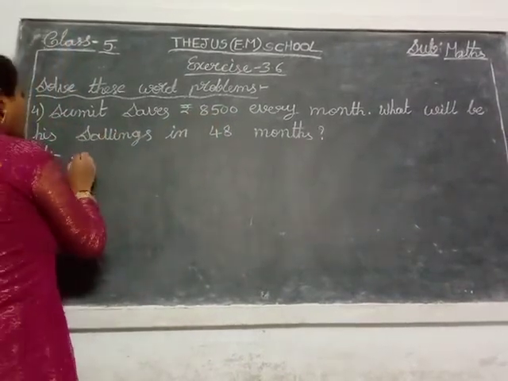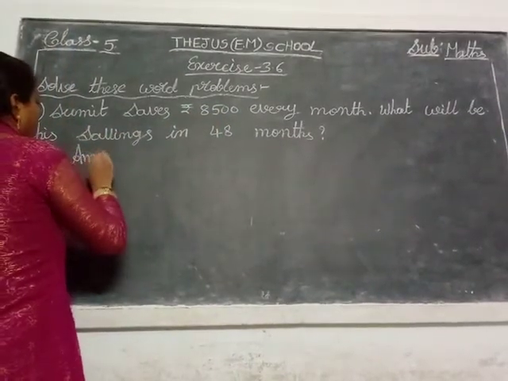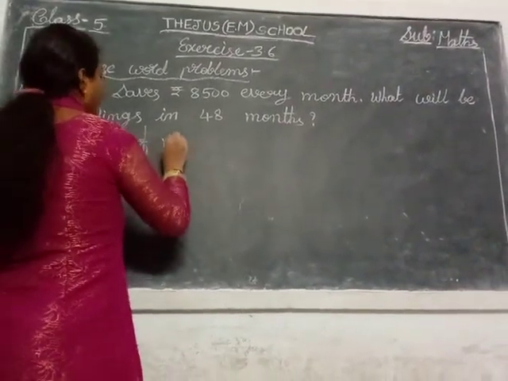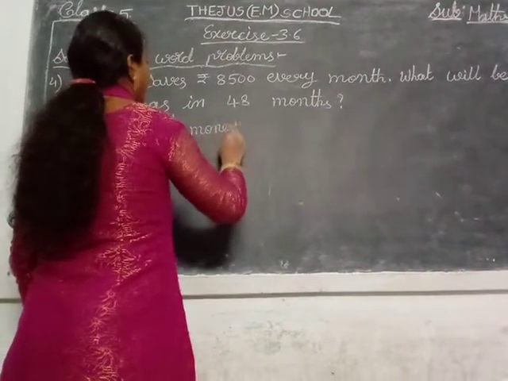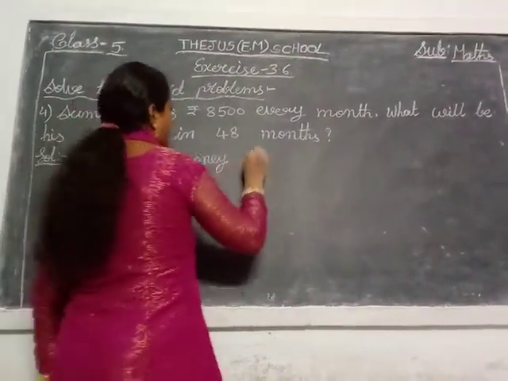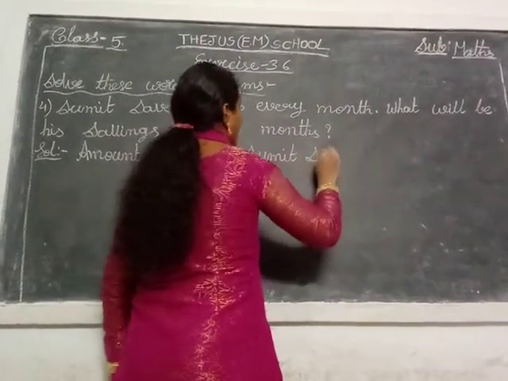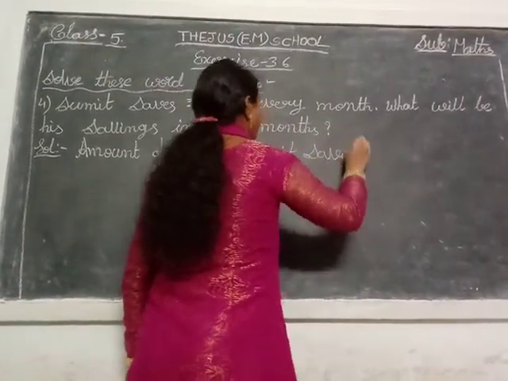Now first you write the amount of money Sumit saved every month. Which person? Sumit saved every month.